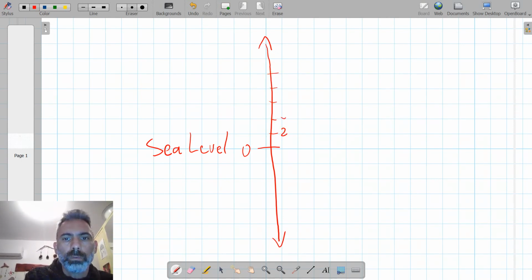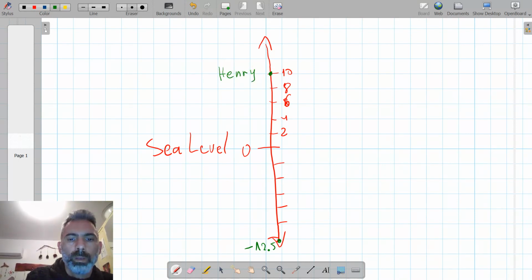So this is 2, 4, 6, 8, and negative 2, negative 4, negative 6, negative 8, negative 10, negative 12.5. Okay. So negative 12.5 is about here, and 10 is about here. So Henry is here, and Thomas is here.